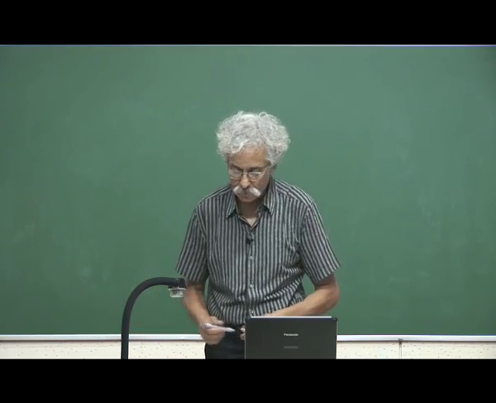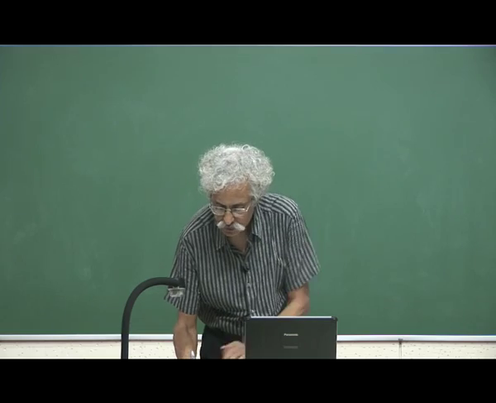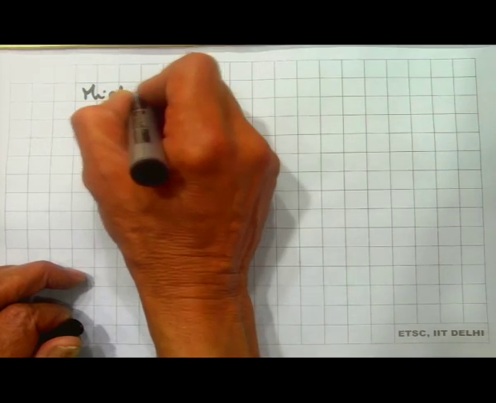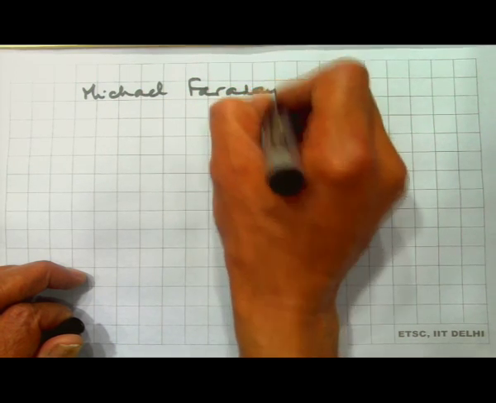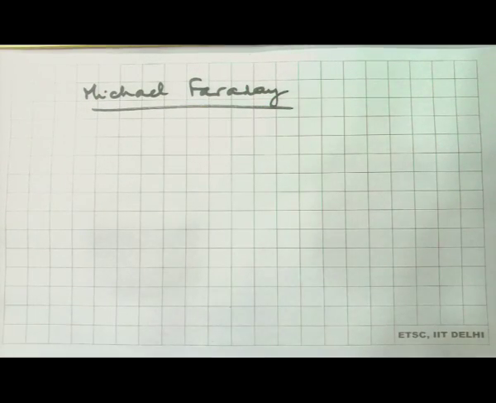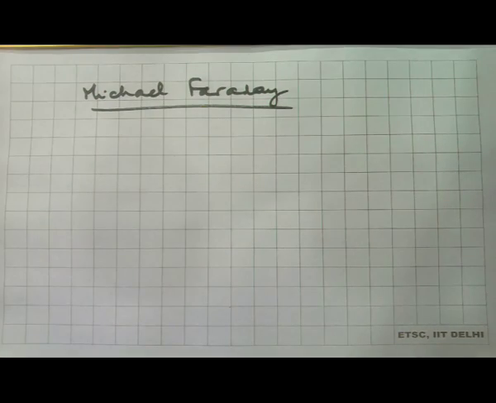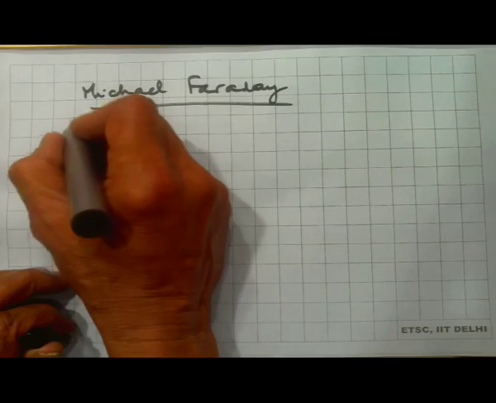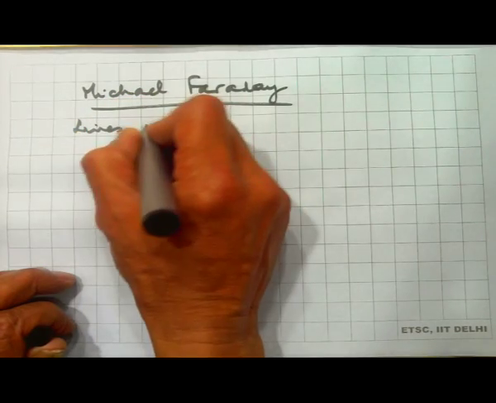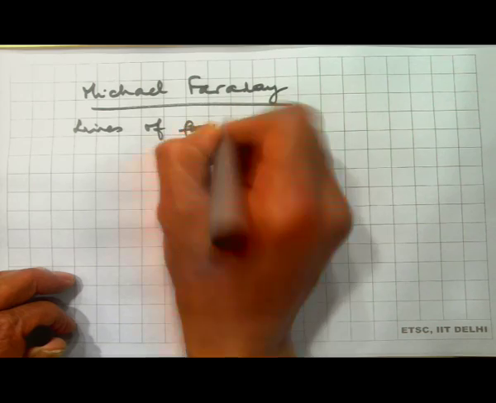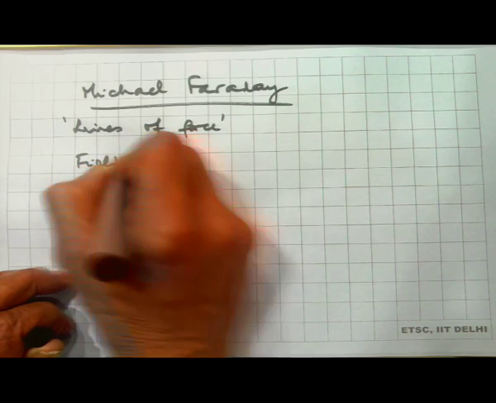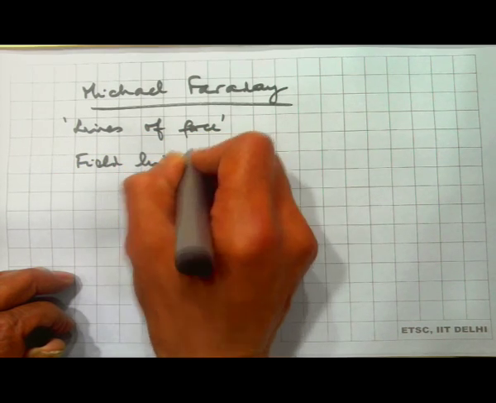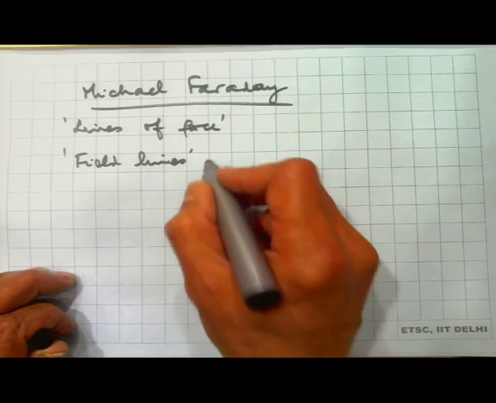It was Michael Faraday who introduced a very interesting concept for visualizing this. Michael Faraday was a British scientist. He invented what are called lines of force. This is not currently used, we call them field lines. So, electric field lines, magnetic field lines, etc.